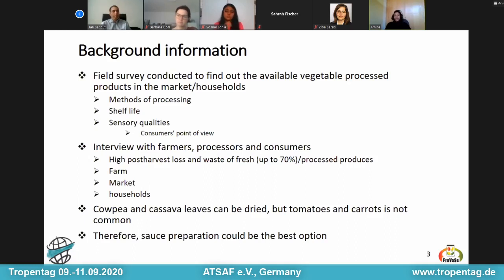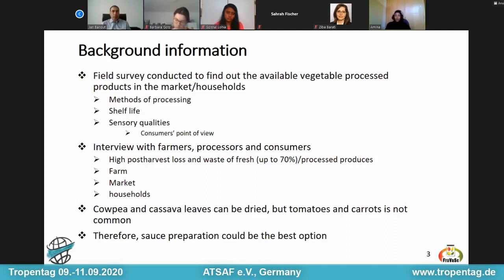We conducted interviews with farmers, processors, and consumers, and we found high post-harvest loss and waste of fresh produce, including leaf vegetables, tomato, and carrots, which account for up to 70%. This was from farm, from market, and household itself. For cowpea and cassava leaves, it was possible to dry. It's a common method they use, but tomatoes and carrots are not commonly preserved. So sometimes they even feed them to animals.